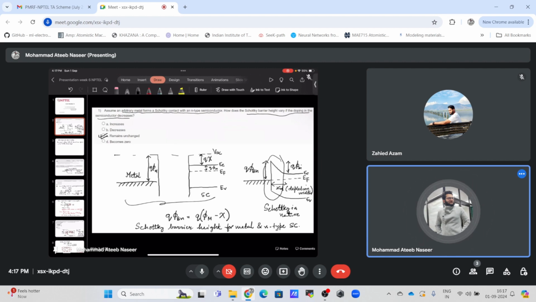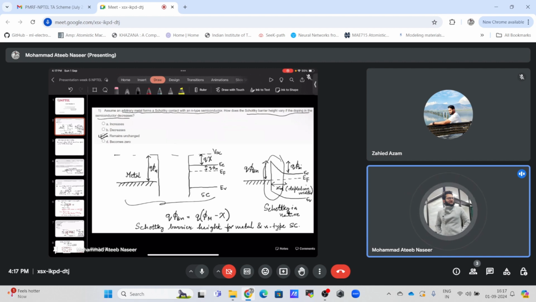When we solved for this energy band diagram, initially the metal and semiconductor were far away, but when we brought them closer, we will ideally be getting the Schottky barrier equal to Q phi m minus Q chi. That is the difference between the metal work function and the electron affinity, provided we are able to maintain a zero gap between the metal and the semiconductor.